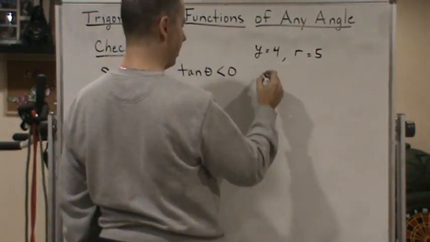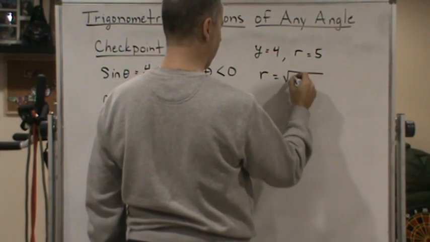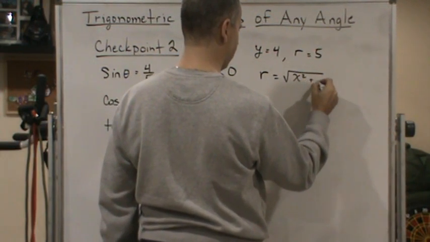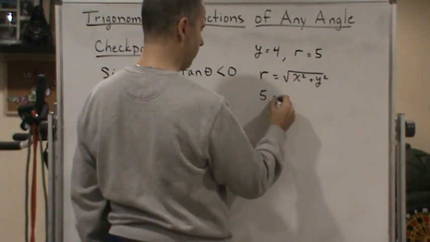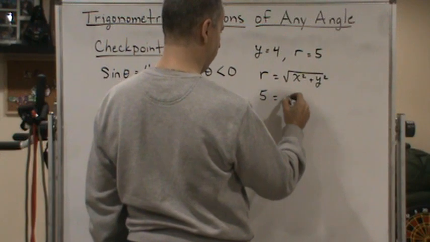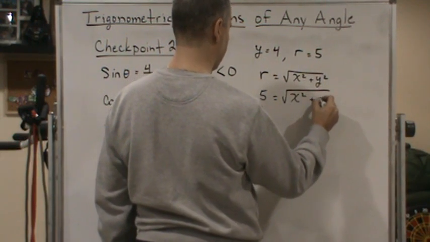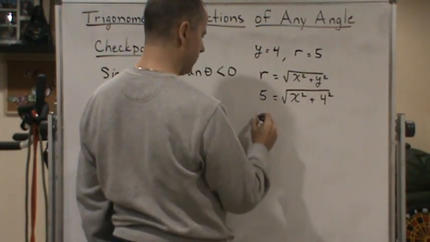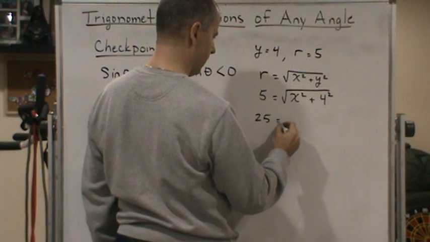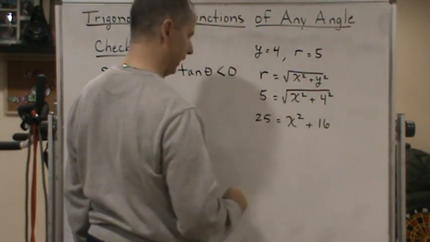Now to find x, we have r equal to the square root of x squared plus y squared. R is 5, so we get the square root of x squared plus 4 squared. If we square both sides, we get 25 is equal to x squared plus 16.